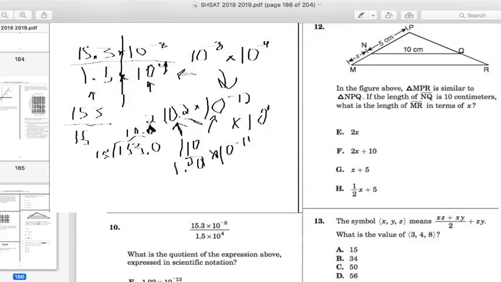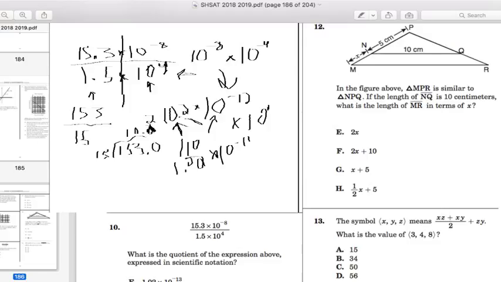Well, since they're similar triangles, we can set up a relationship. There's a couple things we can say about that. I think I've said a few of them already. We can say 5 is to 10 as X plus 5 is to the unknown number.